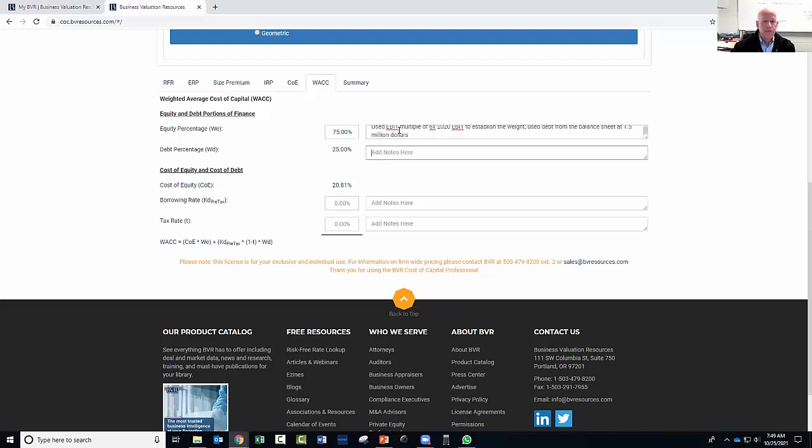That gave me enough information that I am able to figure out how I did what I did if I ever need to go back and look at this, or if somebody else needs to look at it for me. Well, the next thing we need to do is look at the borrowing rate.